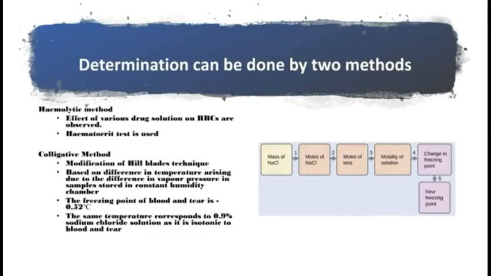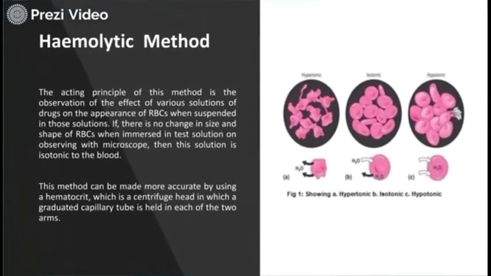Depression in freezing point being an additive property, the following formula is used for calculating the quantity of substance required to make the solution isotonic with physiological fluids: percent weight by volume of adjusting substance = (0.52 − A) / B, where A represents the depression in freezing point due to the unadjusted solution or substance, and B represents the depression in freezing point of 1% weight by volume of adjusting substance.